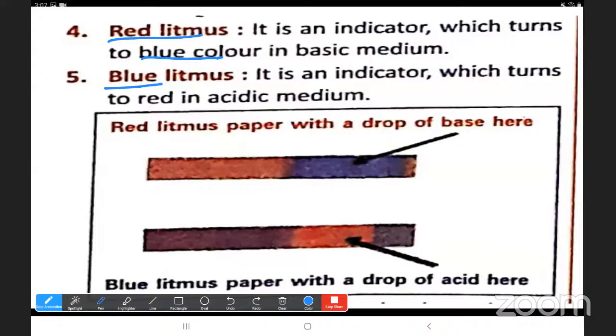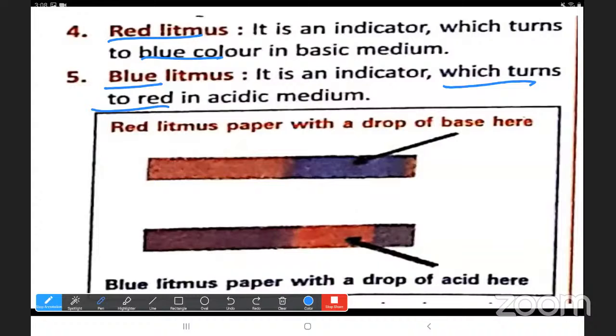If the red litmus paper turns blue, then the solution has basic nature, or we can say the solution is a base. Next, blue litmus. Blue litmus is also an indicator, which turns red in acidic medium. Blue litmus paper turns red in acid solutions.